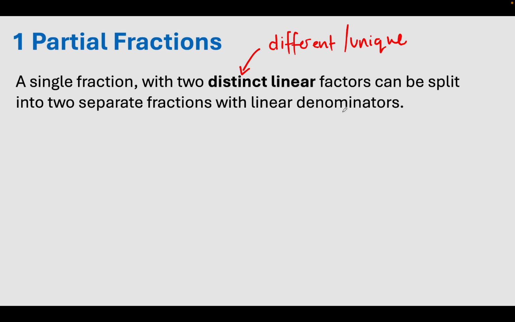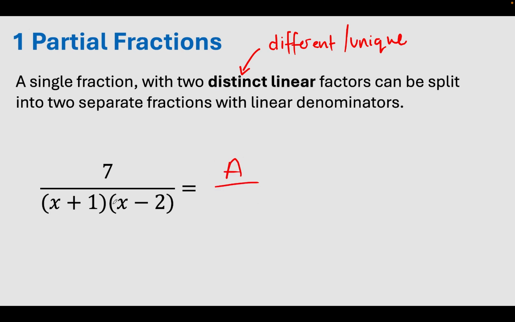So for this fraction, this would be split as a over the first linear factor, which is x plus 1, plus b over x minus 2.